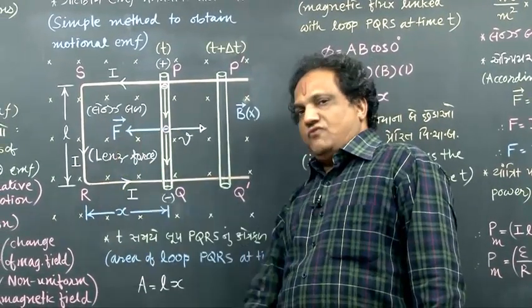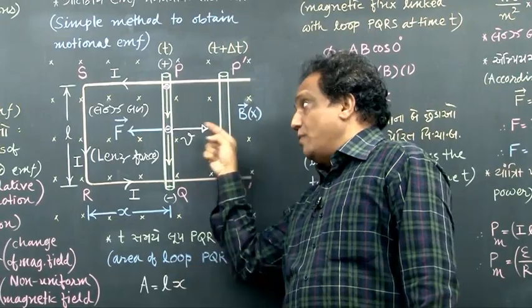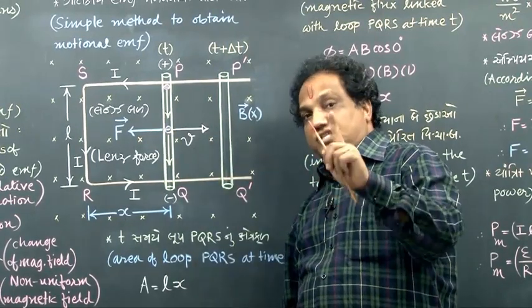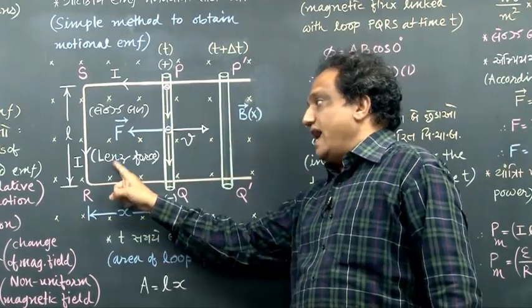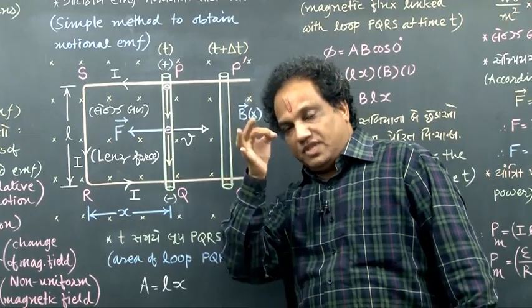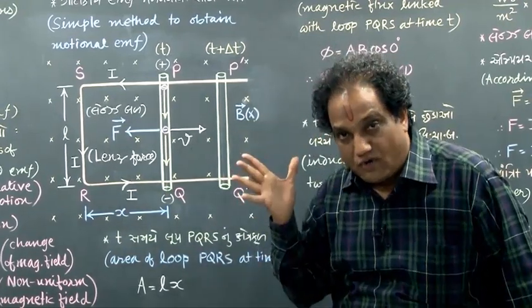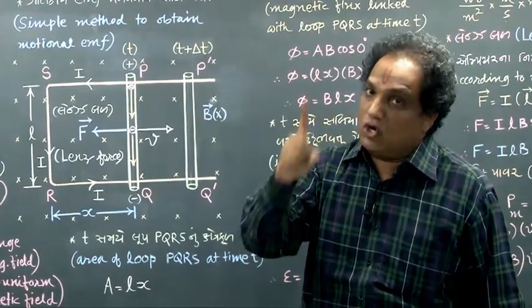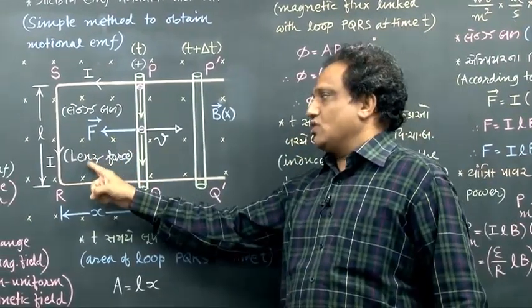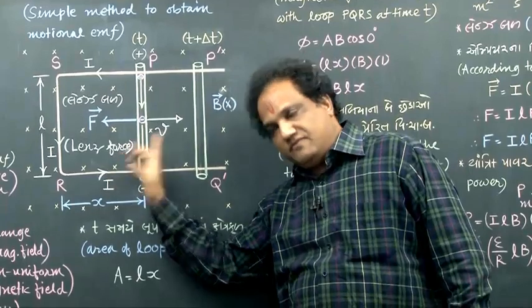Such a force which is exerted in a direction opposite to motion is a resistive force. It is called Lenz's force because the root cause for the production of this force lies in Lenz's law.